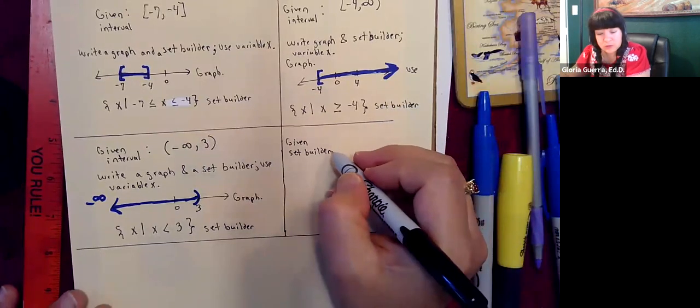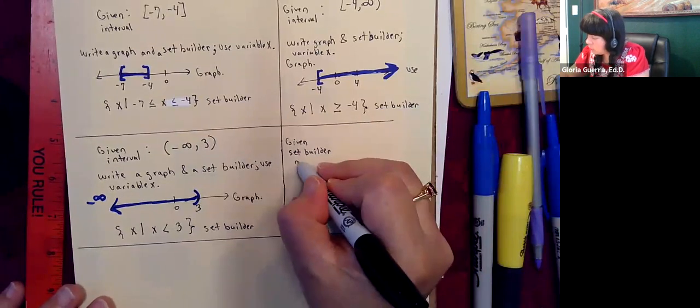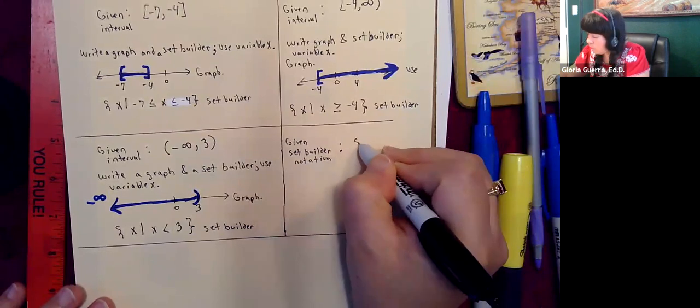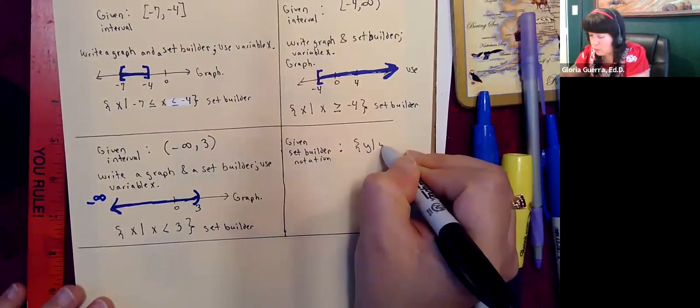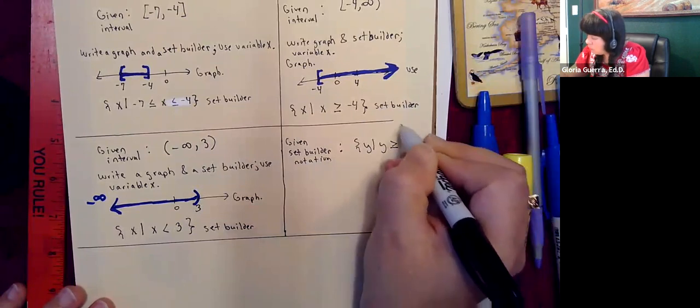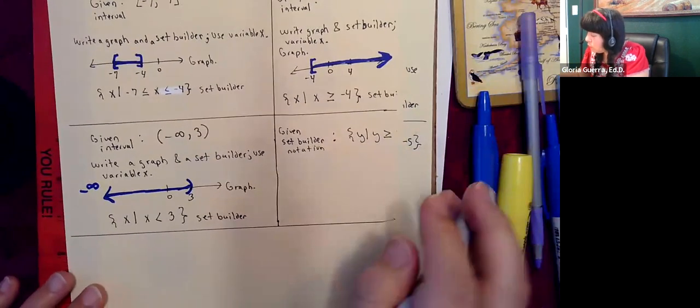So here we're given the set builder notation. The set y such that y is greater than or equal to -5.